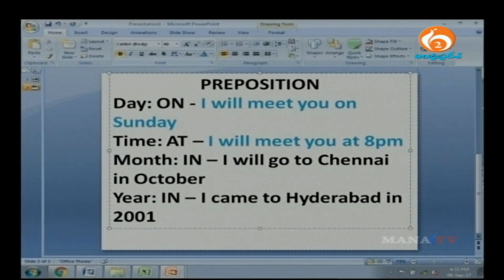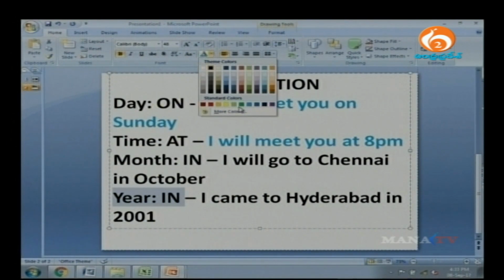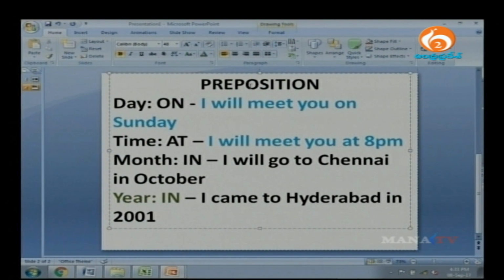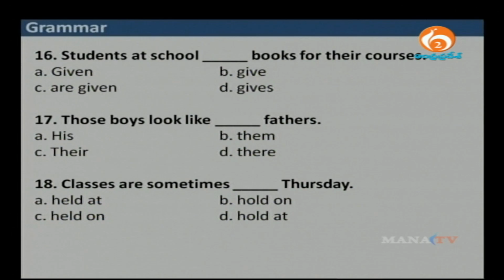I came to Hyderabad in 2001. So when I have a year, let me mark this. When I have a year, it's in. When I have a month, it's in. When I have time by the clock, then it's at. And if it's a particular day, it's on. Classes are sometimes held on Thursday. Because it's a day, I need to use on.